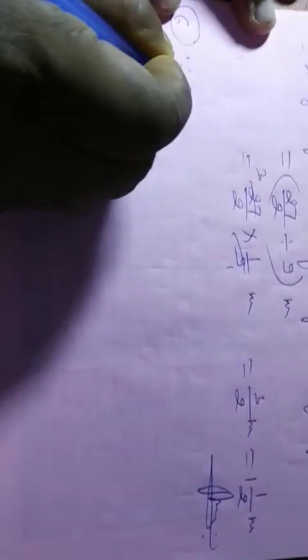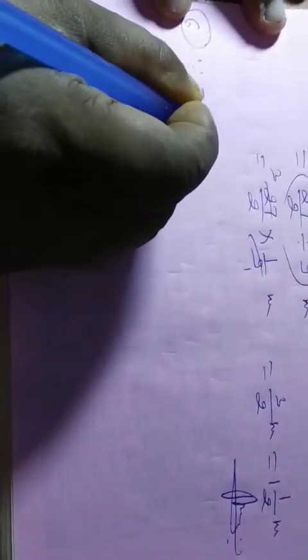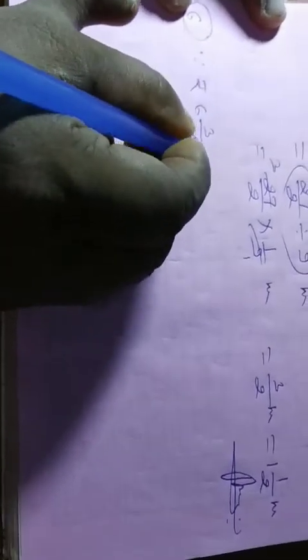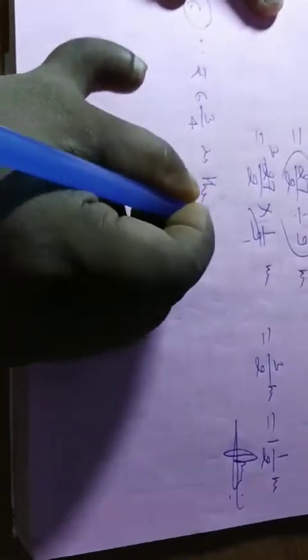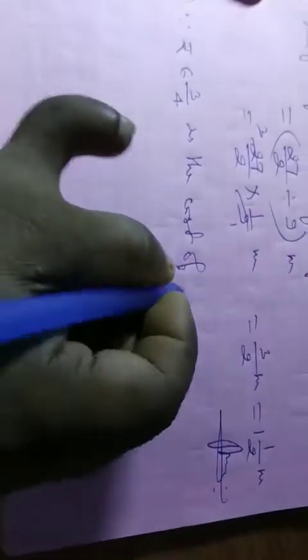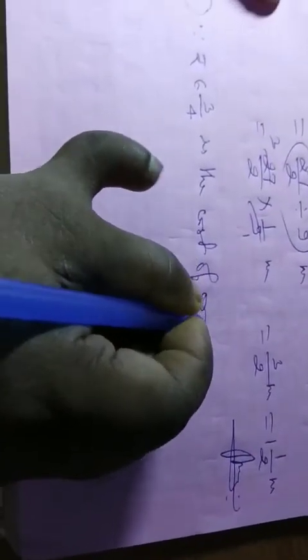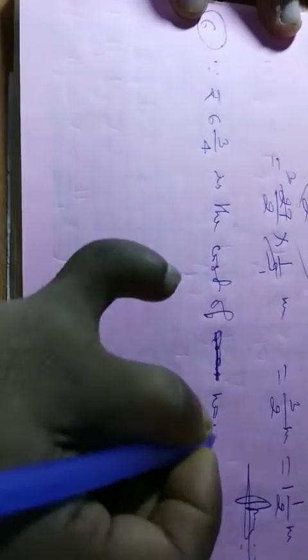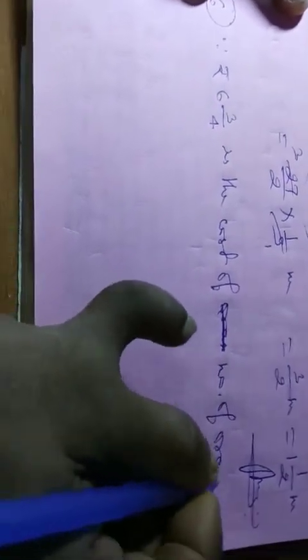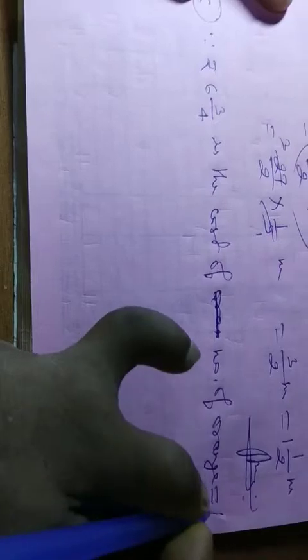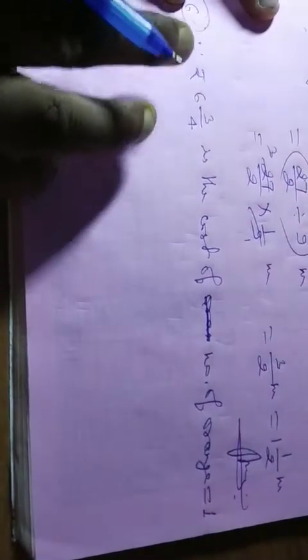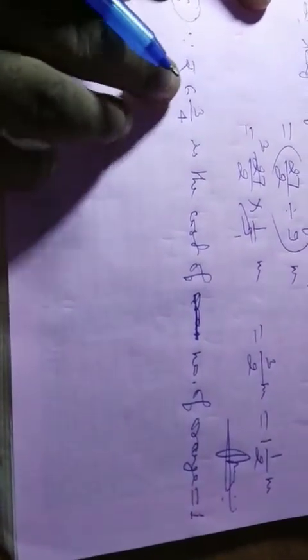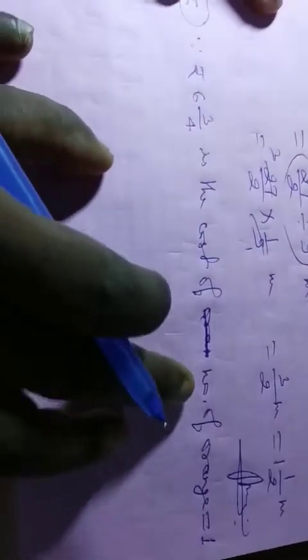Since rupees 6 whole 3 by 4 is the cost of number of orange is equal to 1. Remember student, rupees 6 whole 3 by 4 is the cost of number of orange is equal to 1.